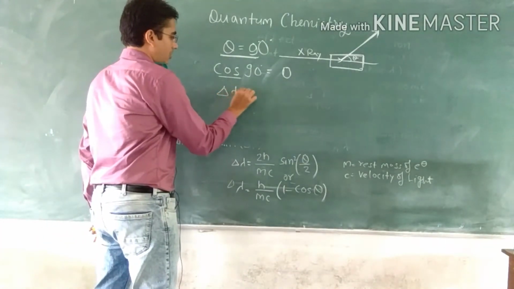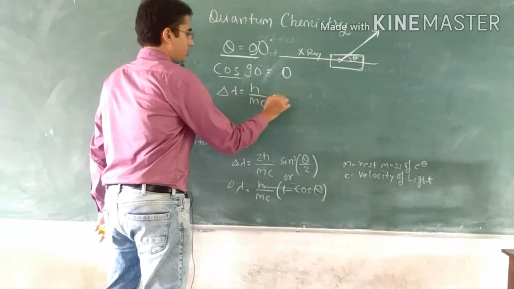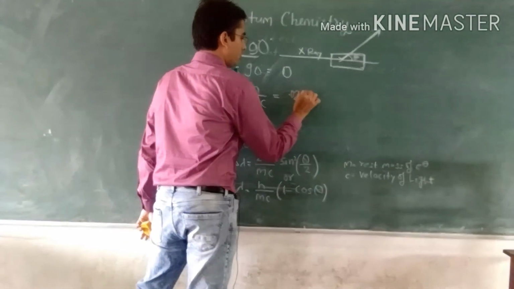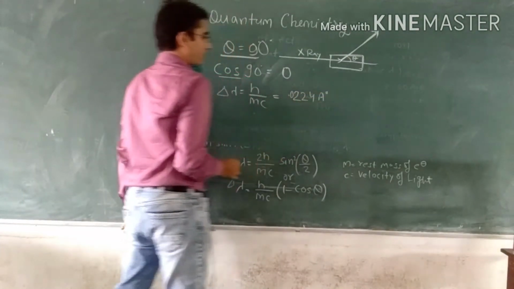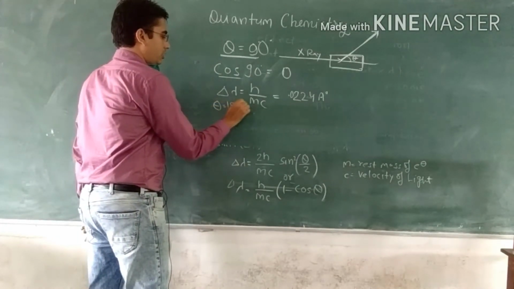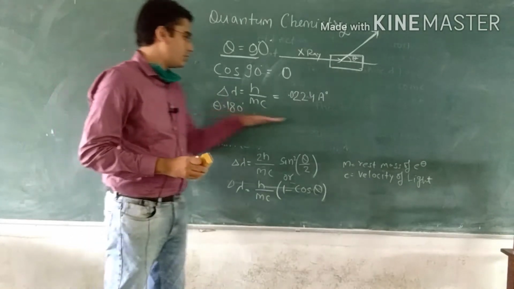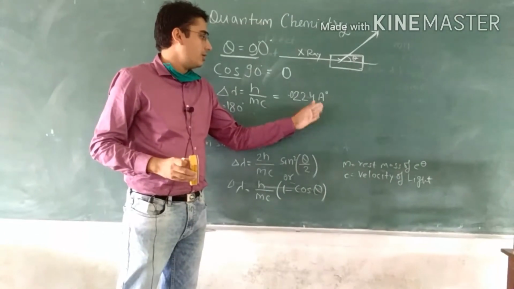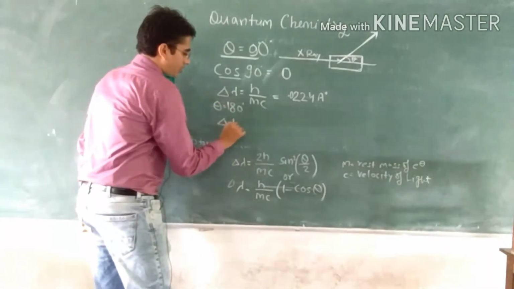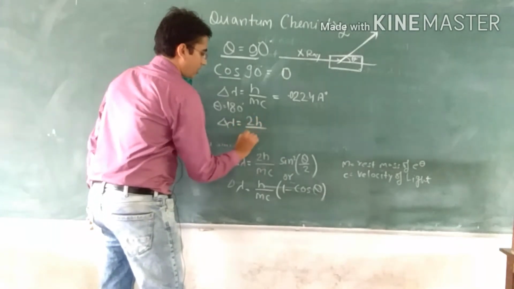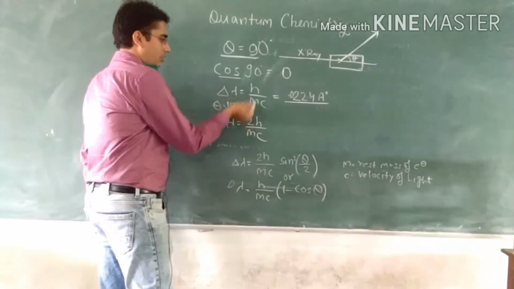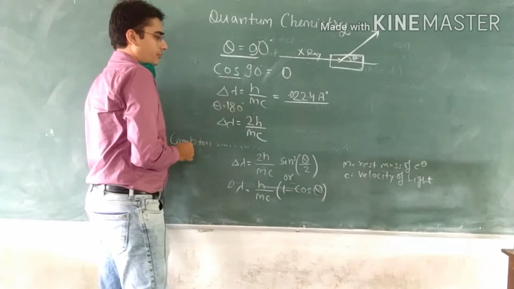So delta lambda is h upon mc. On solving, we get 0.0224 angstrom. And when theta is 180 degrees, that means the incident X-ray and scattered X-ray are opposite to each other, then delta lambda will become 2h upon mc. This is the Compton wavelength, and it will be double the Compton wavelength.